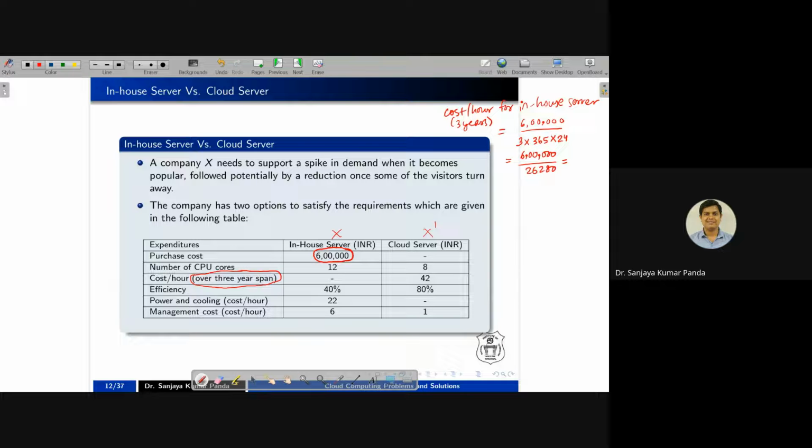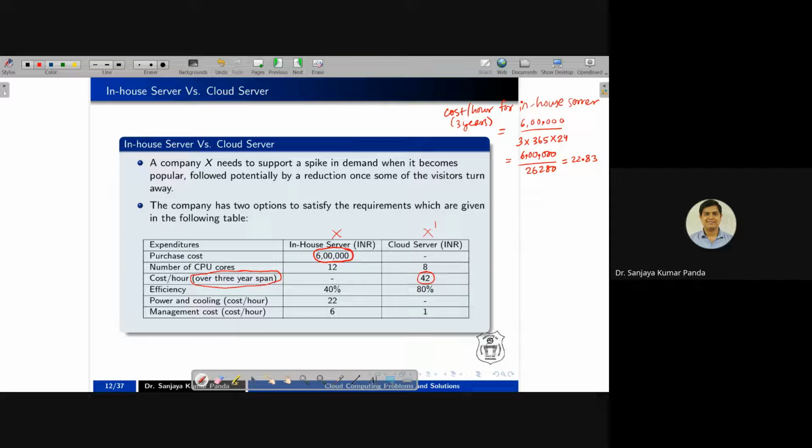So yes, Dita madam calculated it is 22.83. You may get a little bit here and there based on the number of digits you are considering. So 22.83. In the cloud case, you can see you are spending 42, whereas in the in-house server case you are paying how much? 22.83. Yeah, it is correct. The last sectors also mention 22.83. Right? But this is not our question.